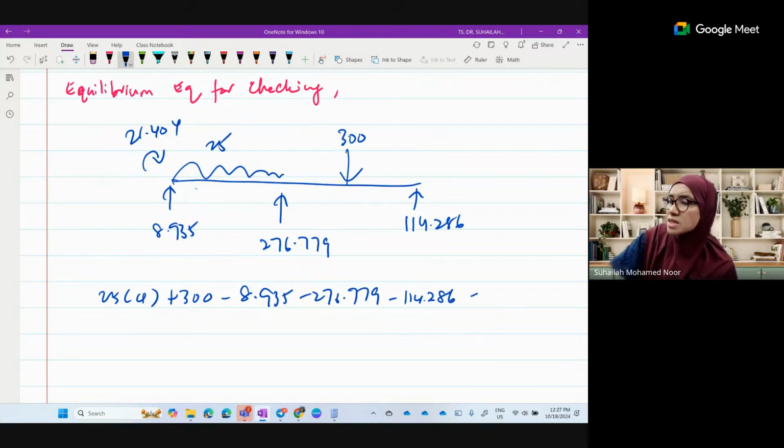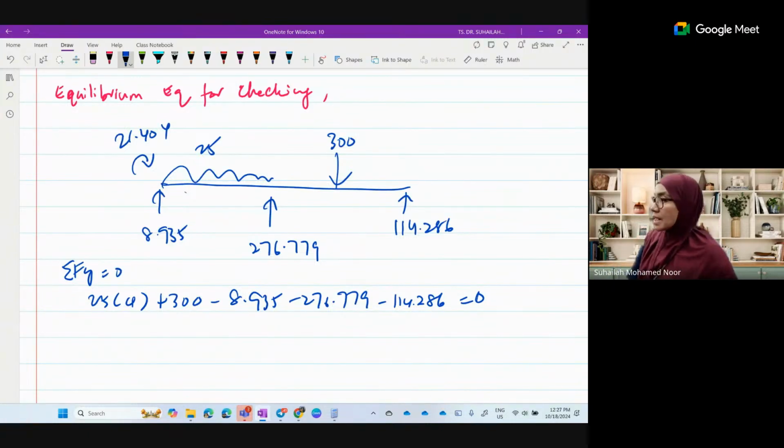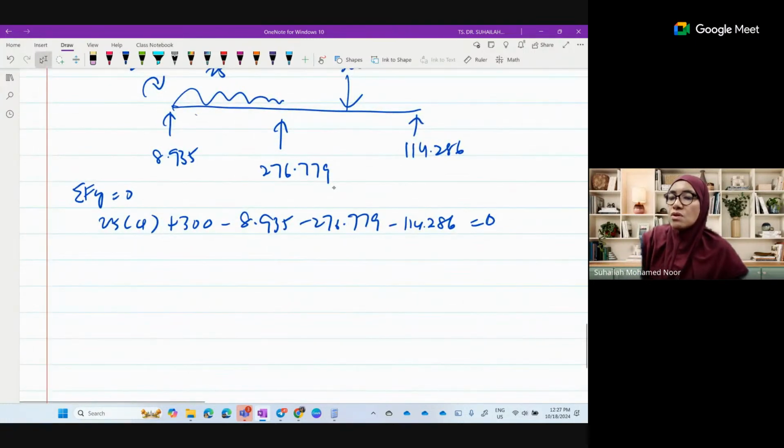Sometimes dia tak kosong lah, 0.0 something or plus minus 1. Okay, 0. So yang ni total FY, so means that betul lah. Okay. So kita boleh pakai equilibrium equation for checking. Kita boleh check juga for moment, and should be 0 as well.